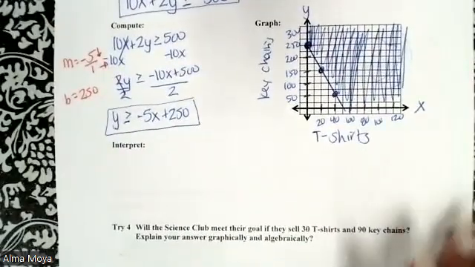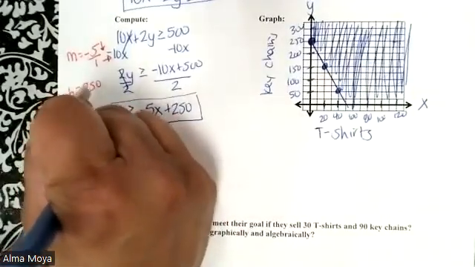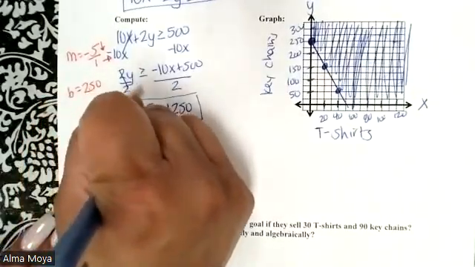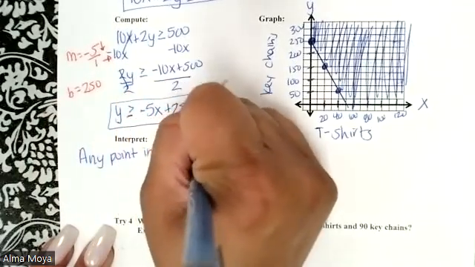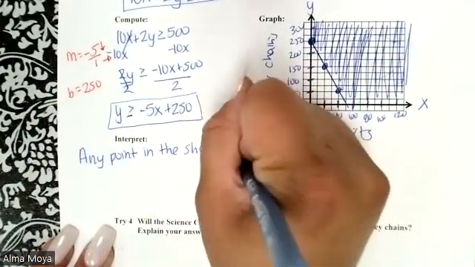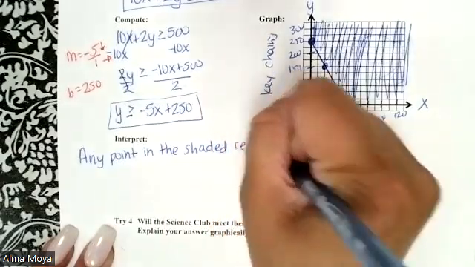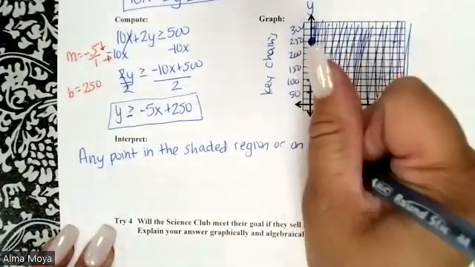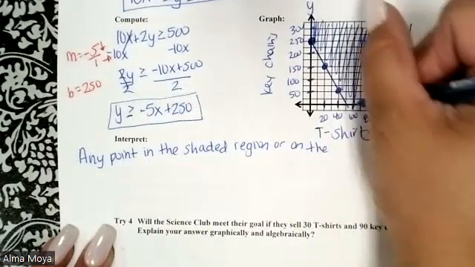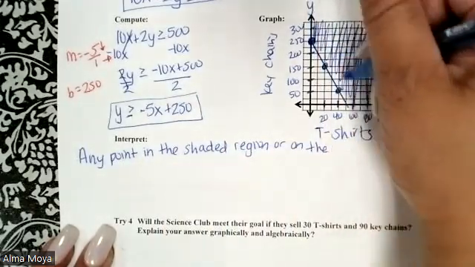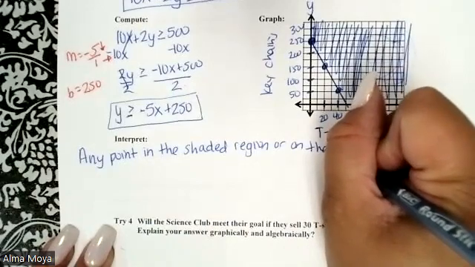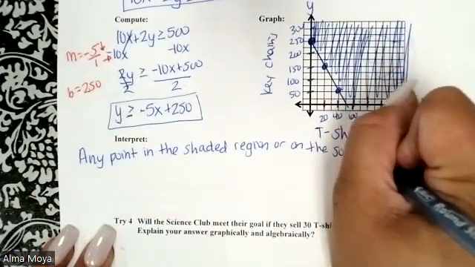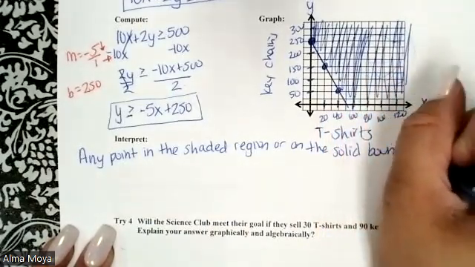So right here where it says interpret, any point in the shaded region or on the solid line is a solution, because any combination on the line also works, because that's where it equals the 500.